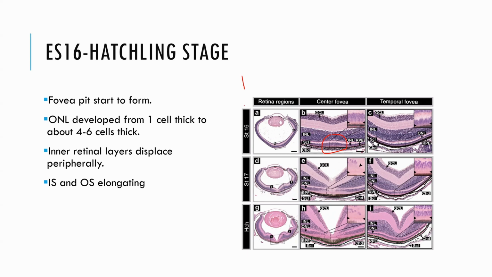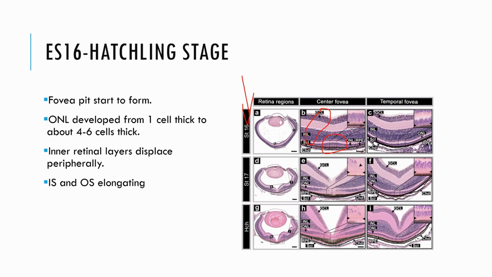So starting from embryonic stage 16, the GCL, IPL, INL, OPL, and even the ONL all start to develop and displace to the peripheral foveal regions.